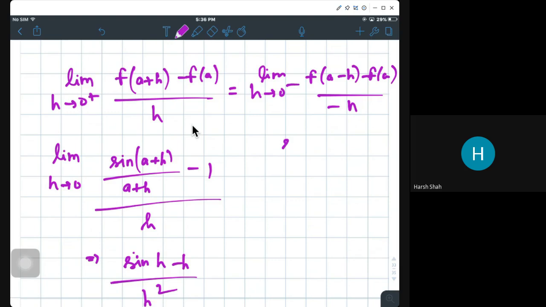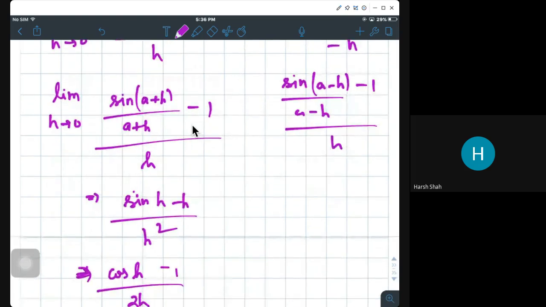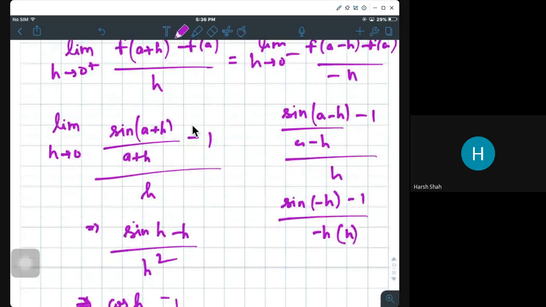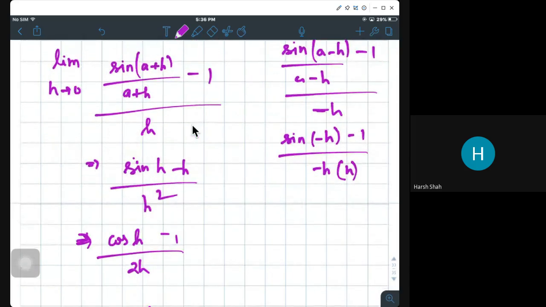Similarly, if you come this side, here I have to do this minus. This is sine of a minus h minus 1 a minus h upon h. Or I can say sine of minus h minus 1 minus h into minus h. Here, minus h minus 1.